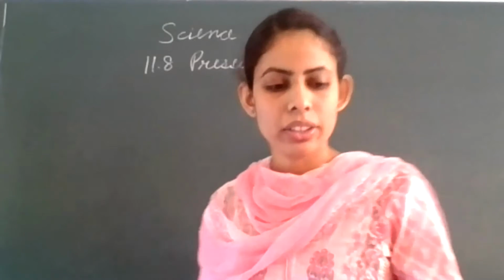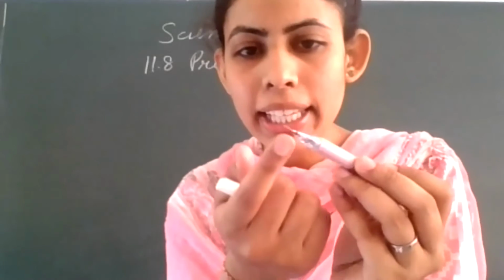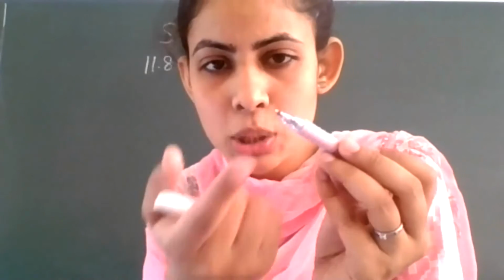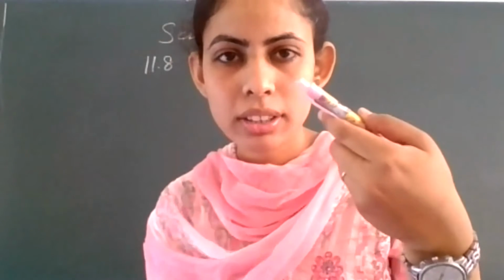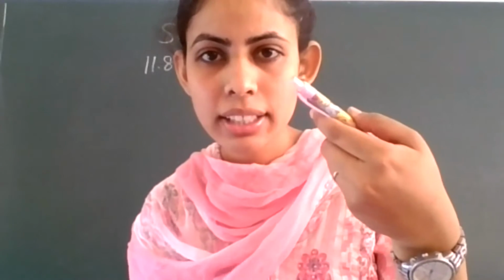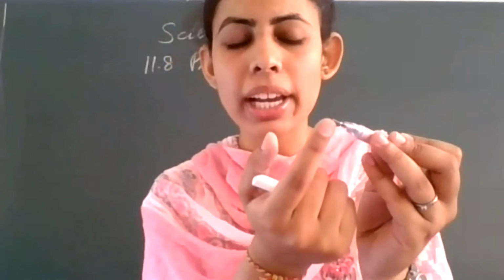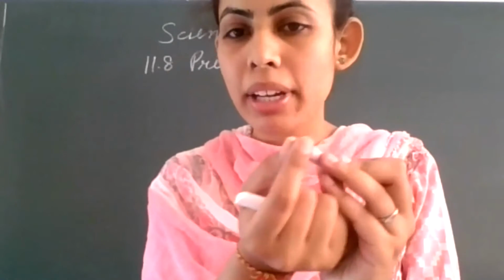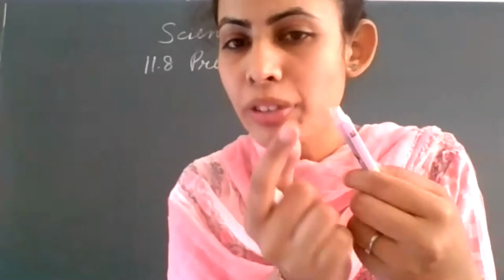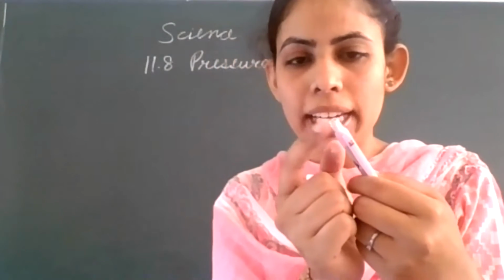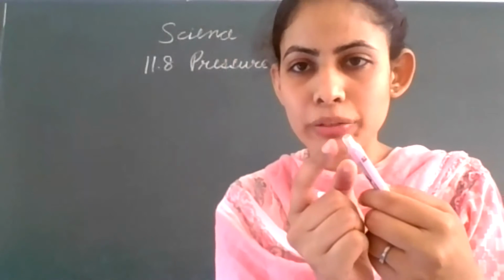Why? Are you noting? The area of this lead is small as compared to the area of this. Firstly, you have observed that the area of this tip is different from the area at the inverted side, the back side of the pencil.